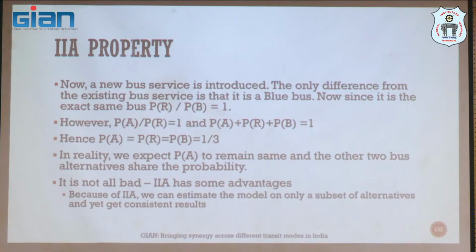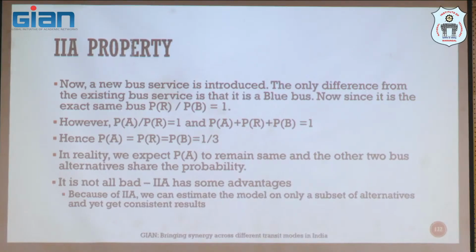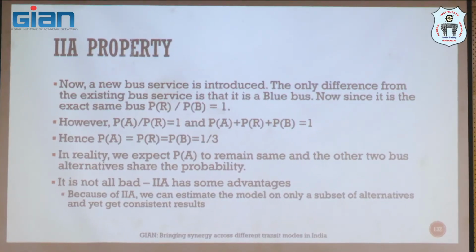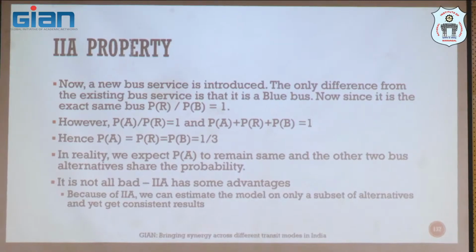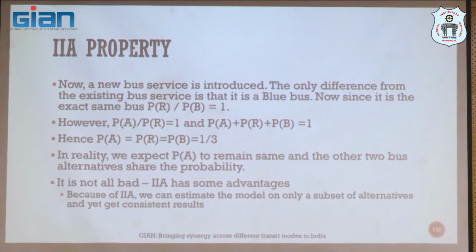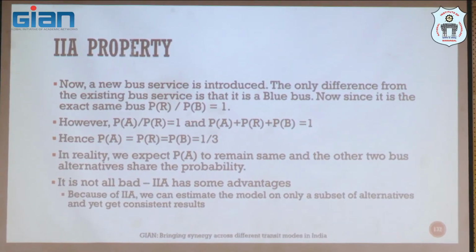But using IIA, if you develop a multinomial logit model, I don't care about the alternatives. I can actually do a very good sampling approach. So there is proof to show that a model that you estimate with 30 alternatives randomly sampled will give similar results as a model estimated with 1,000 alternatives. Okay. So in that case, IIA helps, and you can use that to run the model more efficiently.